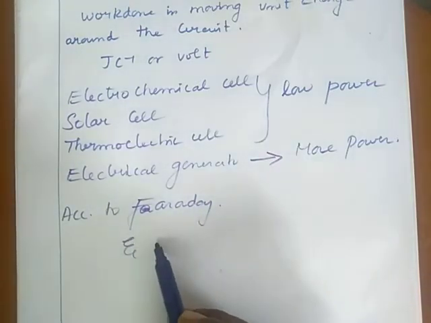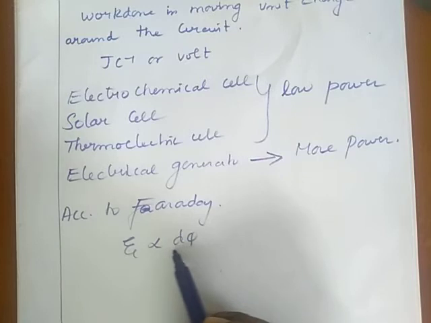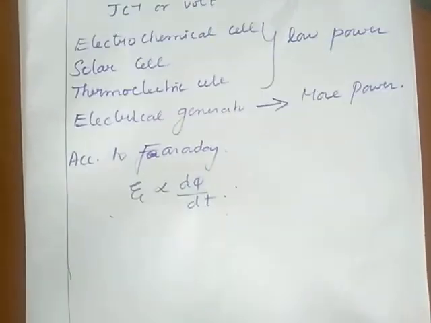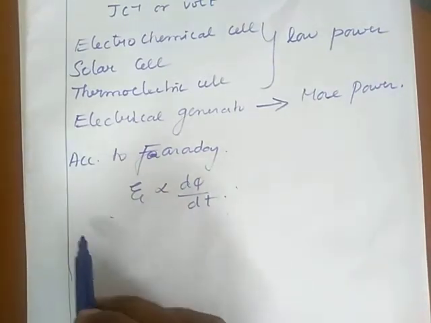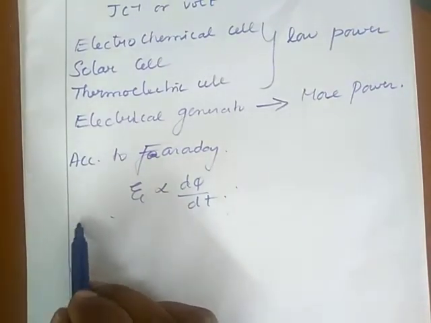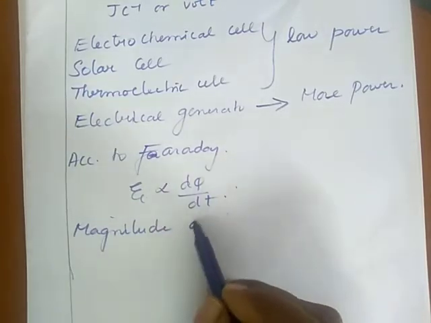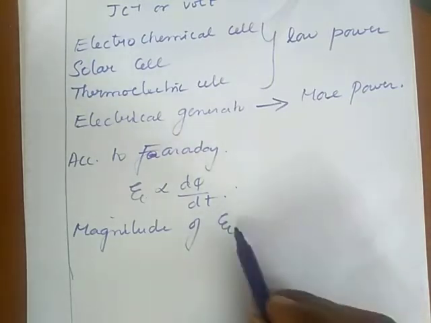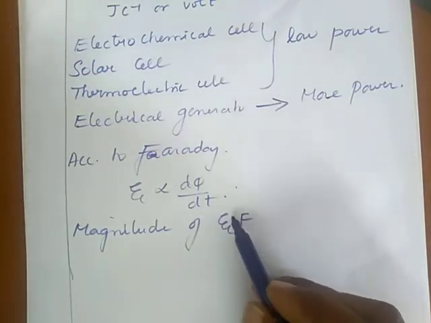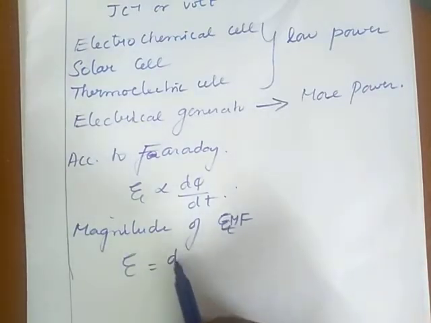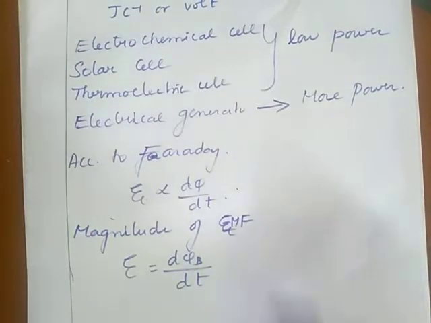Then the magnitude of this induced EMF, that means the value, magnitude of EMF, psi is equal to d phi b by dt. We know phi b is the magnetic flux.